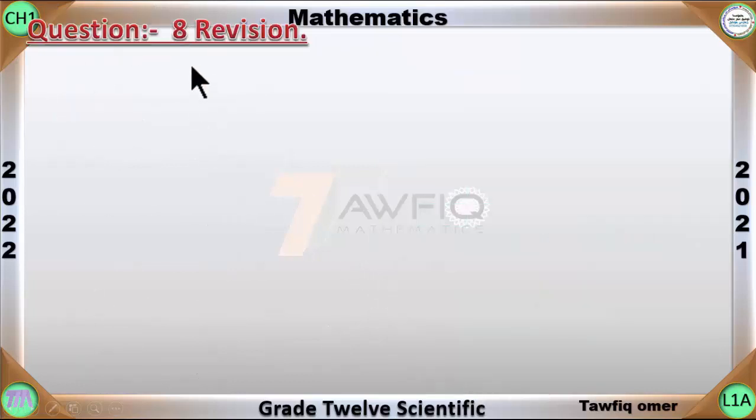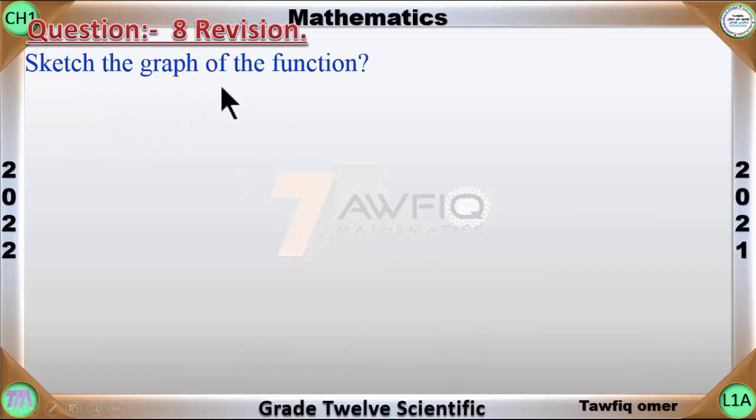Question 8, revision. Sketch the graph of the function f(x) equals 7 minus 6x minus x squared. Because the sign of x squared is minus, the function will be drawn like this.